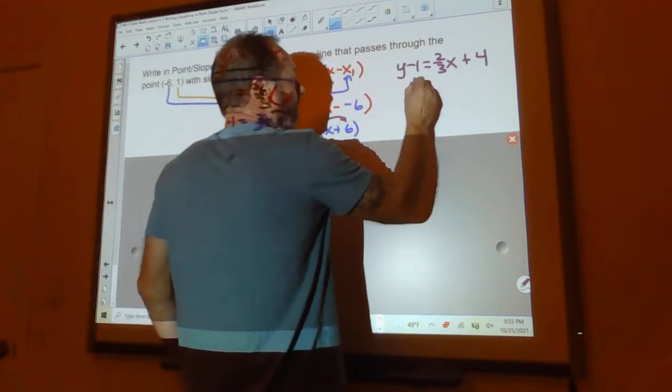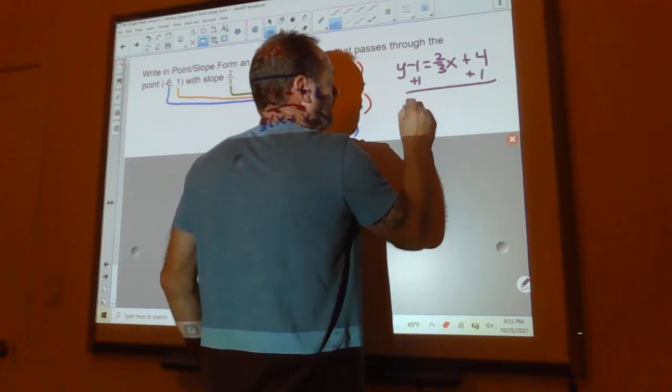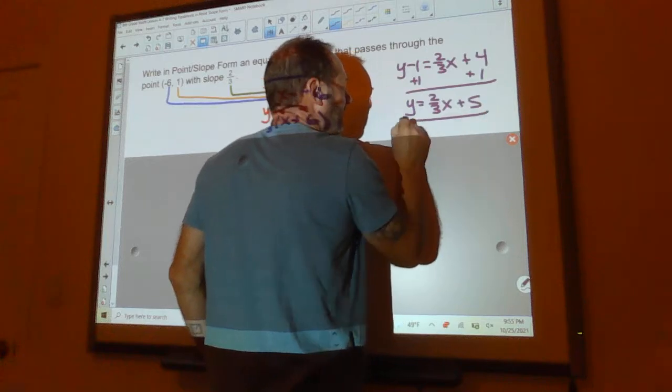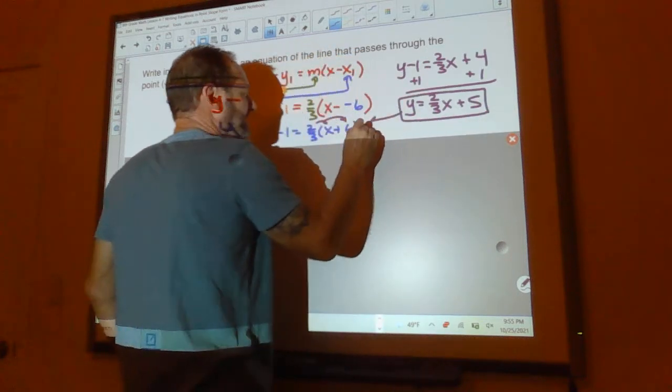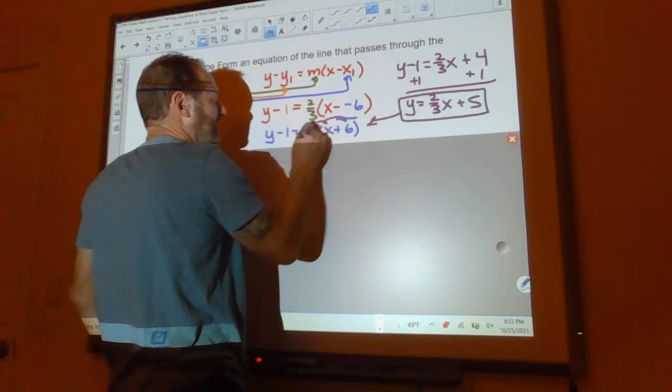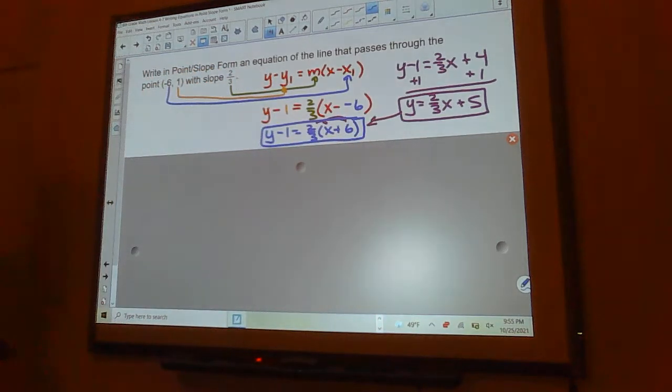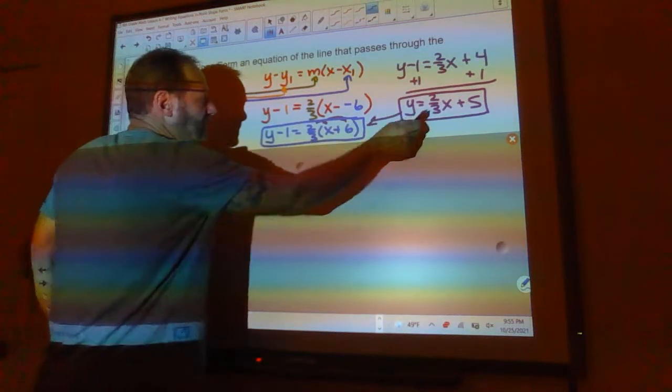And then I would add 1 to both sides of this thing, and I'd get y equals 2/3 x plus 5. That right there is the same equation as this one right here. It just looks different. This is point-slope form, this is slope-intercept form.